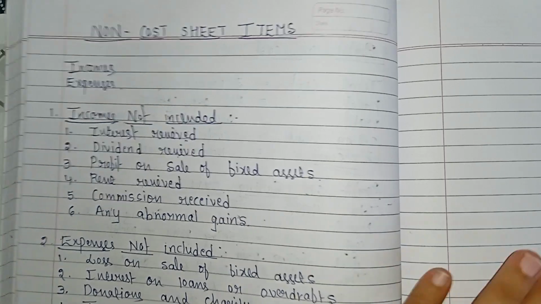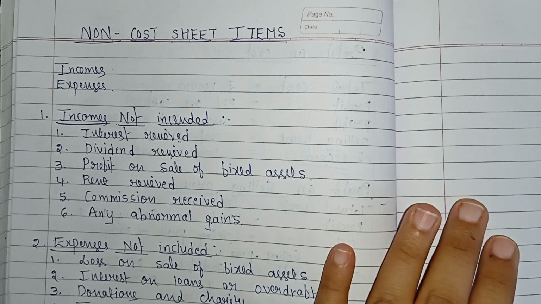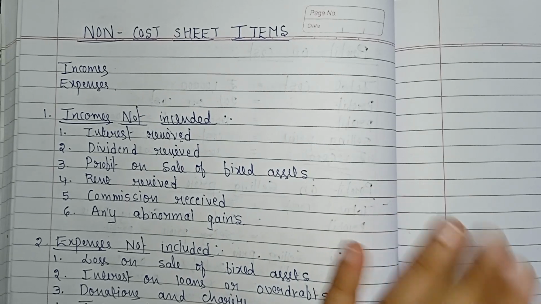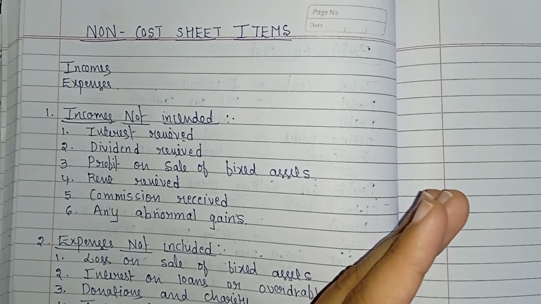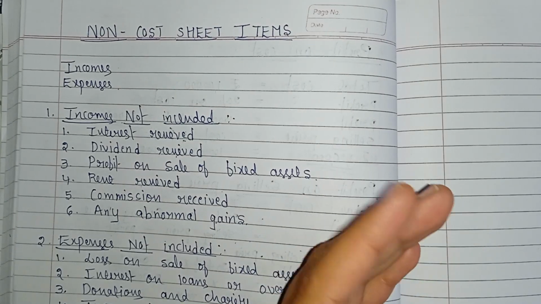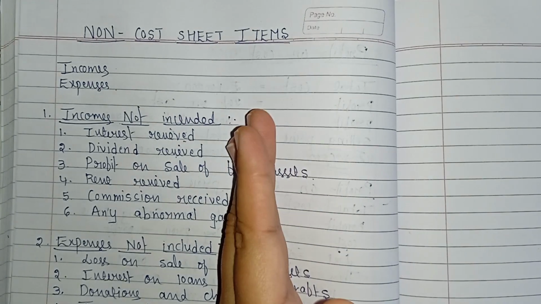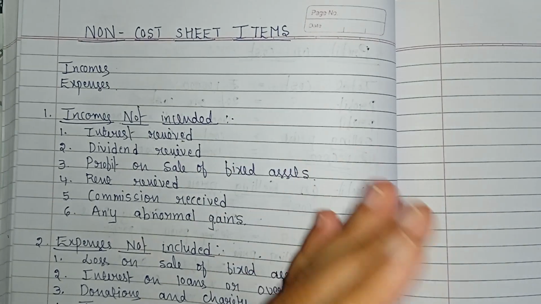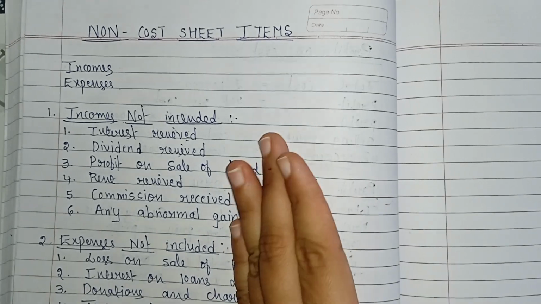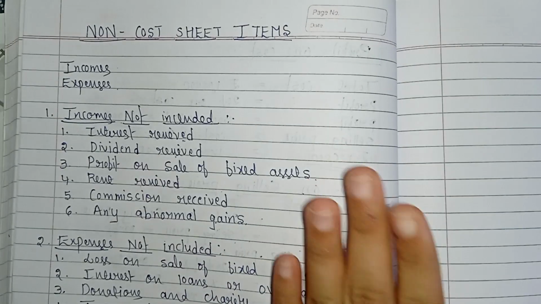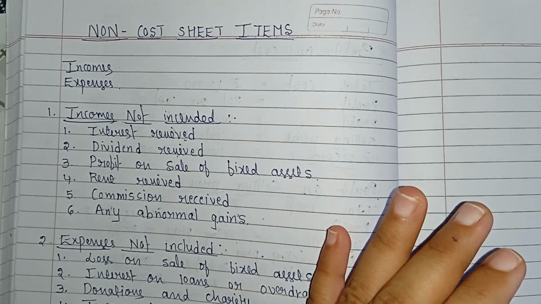The third one is profit on sale of fixed assets. It is the gain a business makes when it sells its assets, like machinery or a building, for more than their book value. It is a capital profit and not related to regular production, so it is not included in the cost sheet.